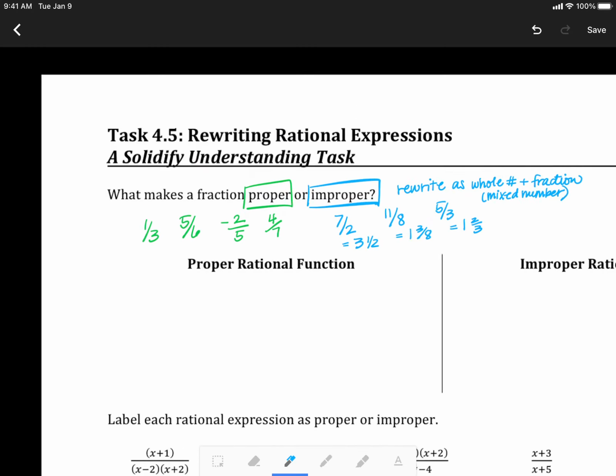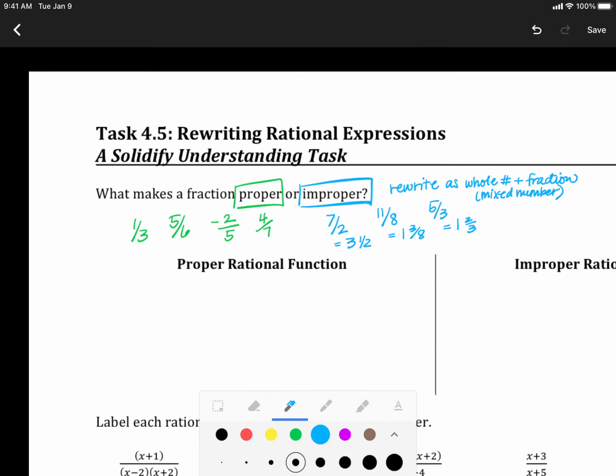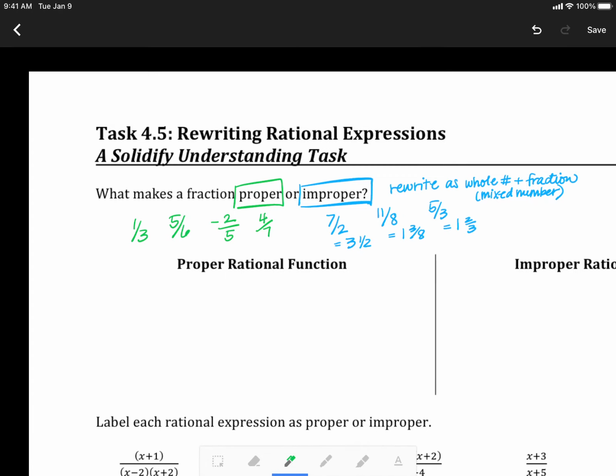So if we're just talking about fractions, something is proper when the numerator is less than the denominator, and something is improper when the numerator is greater. And the nice thing about improper is that we can rewrite them as mixed numbers or whole numbers plus a fraction. Well, let's translate this to proper and improper rational functions. So instead of looking at the number itself, we're going to be looking at the degree.